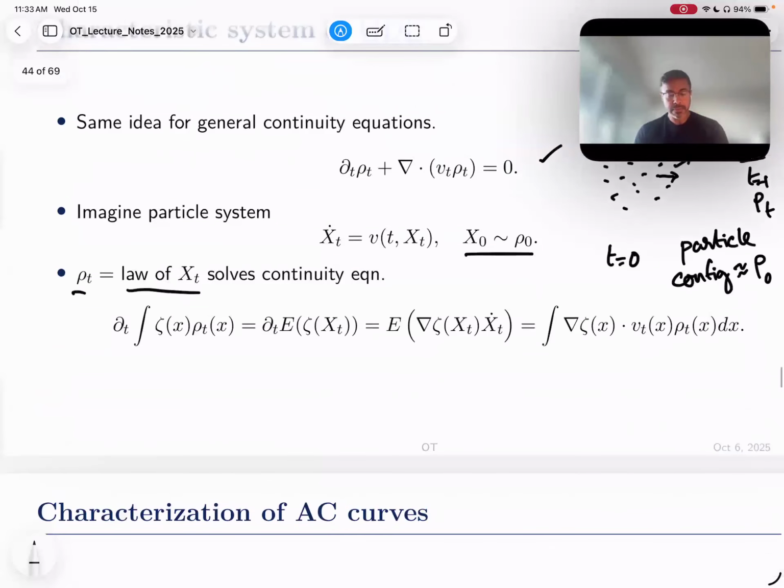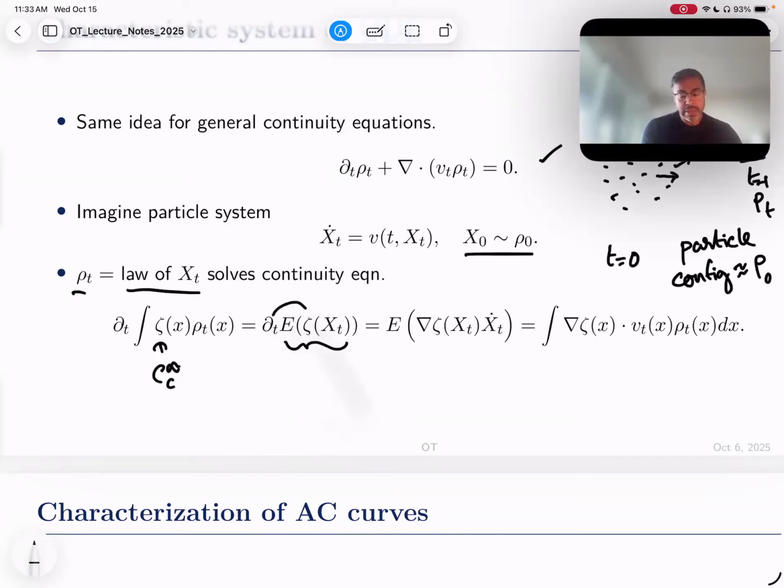So let's verify this. This object is in C_c infinity. I integrate with respect to rho t, and I take a derivative of this. But what is this in probabilistic language? This is nothing but the expected value of zeta of x t. So I take the derivative inside the expectation. Everything is smooth and compactly supported, so I'm fine.